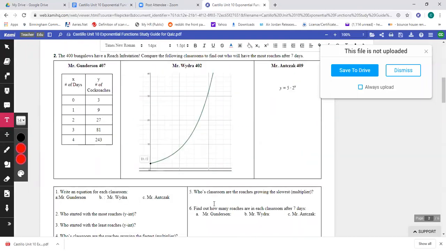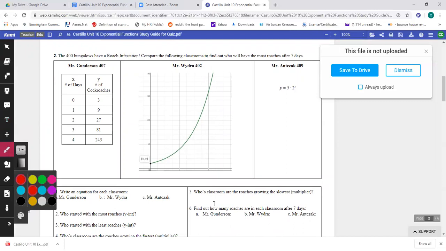Okay. So remember that for the table, the y-intercept is really easy to find. Whenever x is 0, that's your y-intercept. Okay? But now you need to also take into account what the multiplier is.